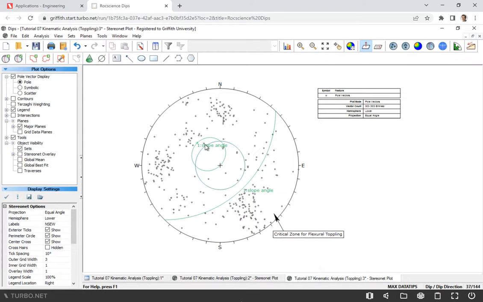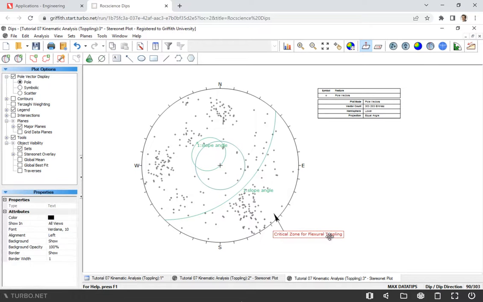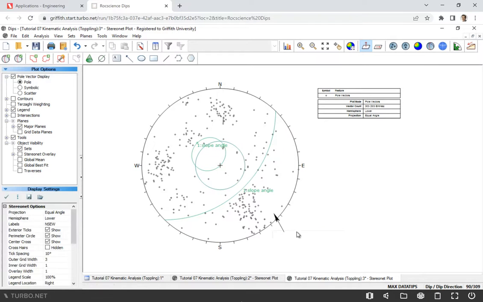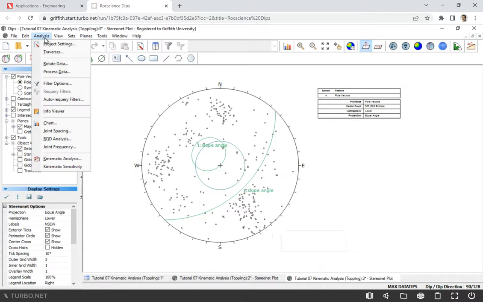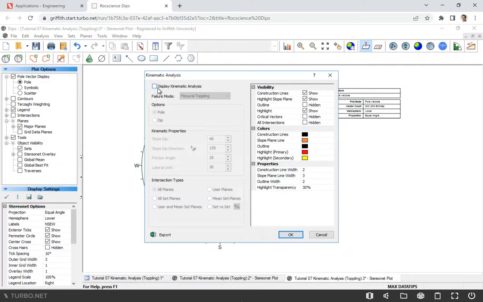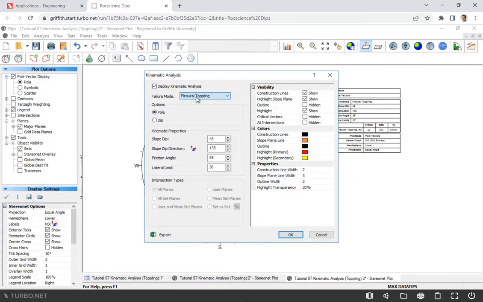If it's less than 6%, and clearly it's less than 6%, there is no danger of planar failure. Now I'm going to show you a shortcut to do it quickly. We go to the analysis menu, kinematic analysis, tick this box, and choose planar sliding, no limits.